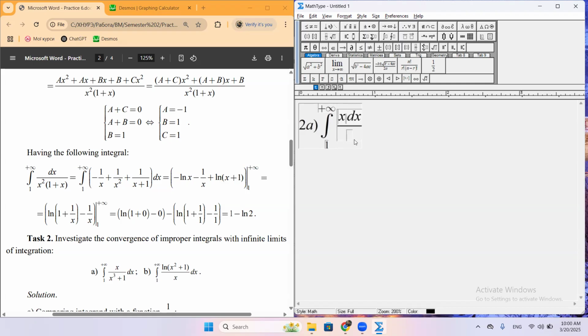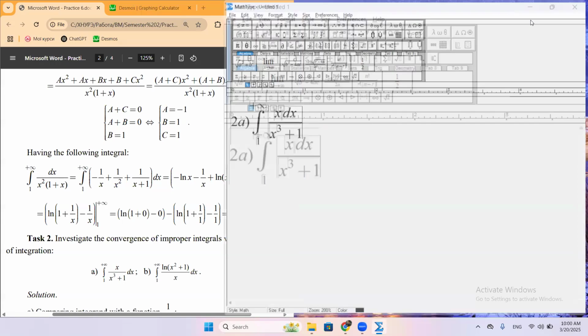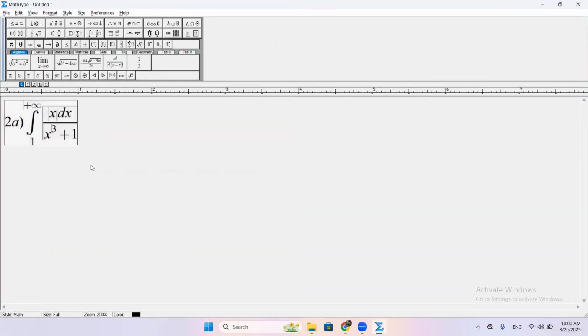So we will investigate it by comparing with other integrals. We need to compare with the following integral.